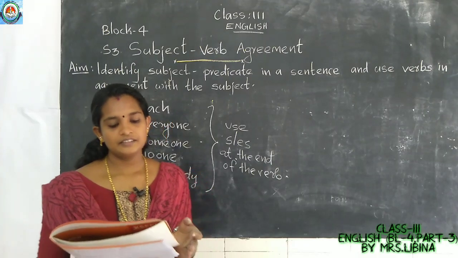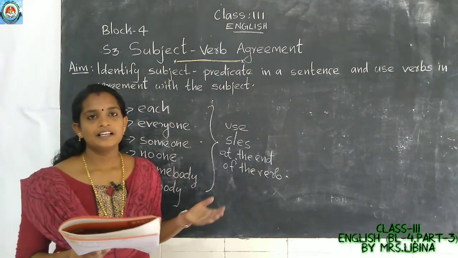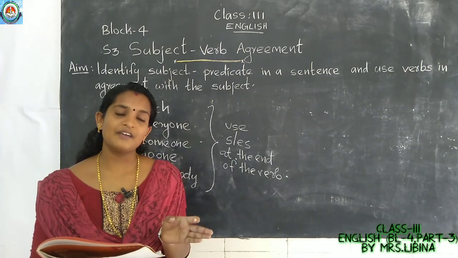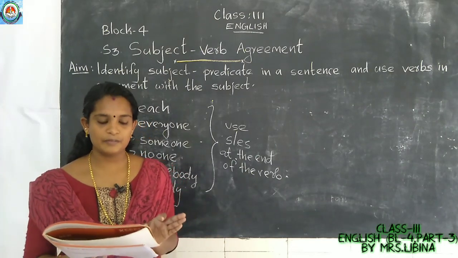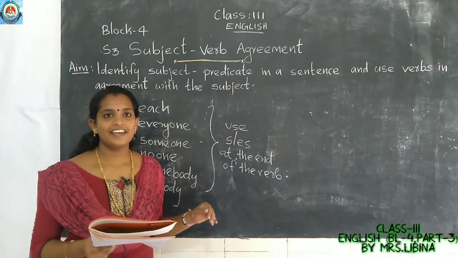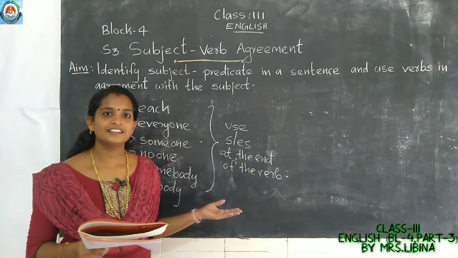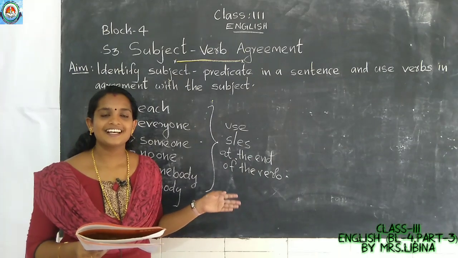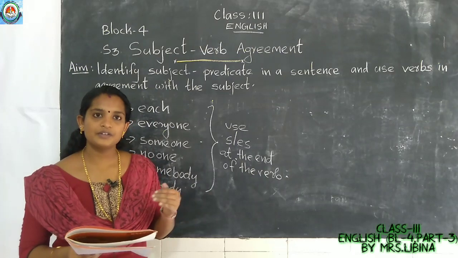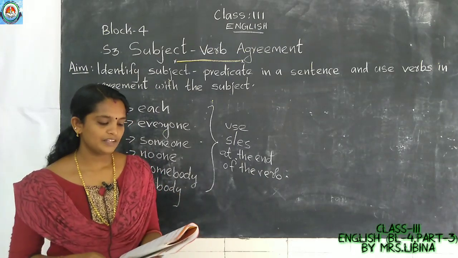Okay, then nobody listens to my answer. Nobody listens. I have used S at the end of the verb. Okay. Nobody listens to my answer. Okay. Everyone sees the movie. Okay. In that way, you have to write down your own sentences.